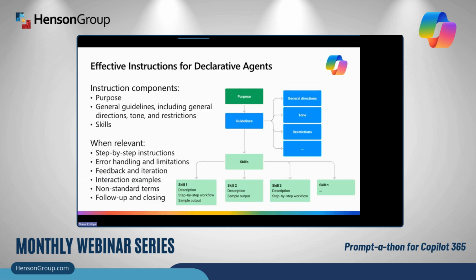So when we look at a declarative agent, you're going to have the purpose, like what the agent is supposed to do. You're going to give it some general guidelines. That includes directions, the tone it should have, and any restrictions. And then you're going to give it skills. And those skills tell it really what it's going to be doing. And so when relevant, you'll give it step-by-step instructions, error handling, feedback, interaction examples, terms, and the follow-up and closing.